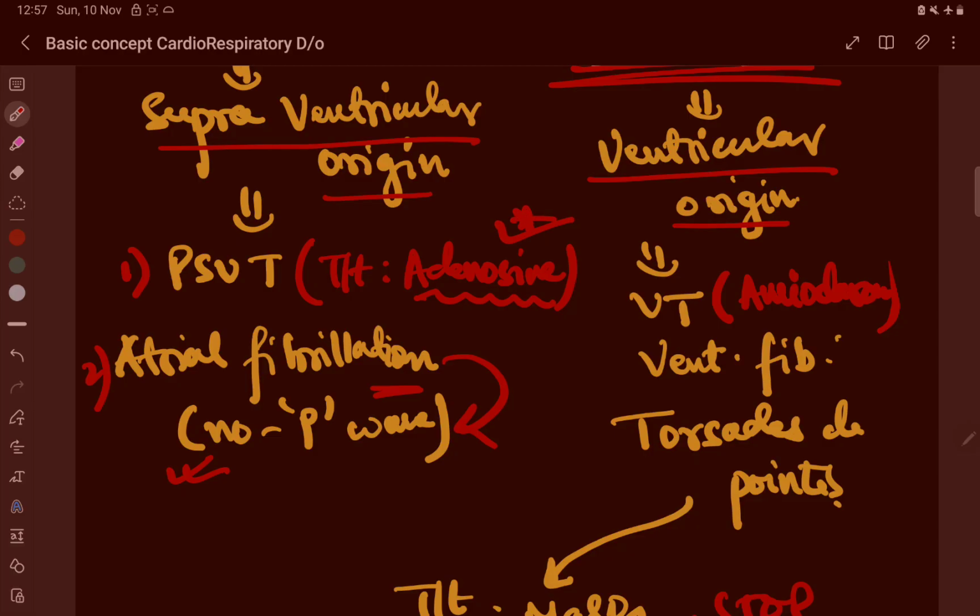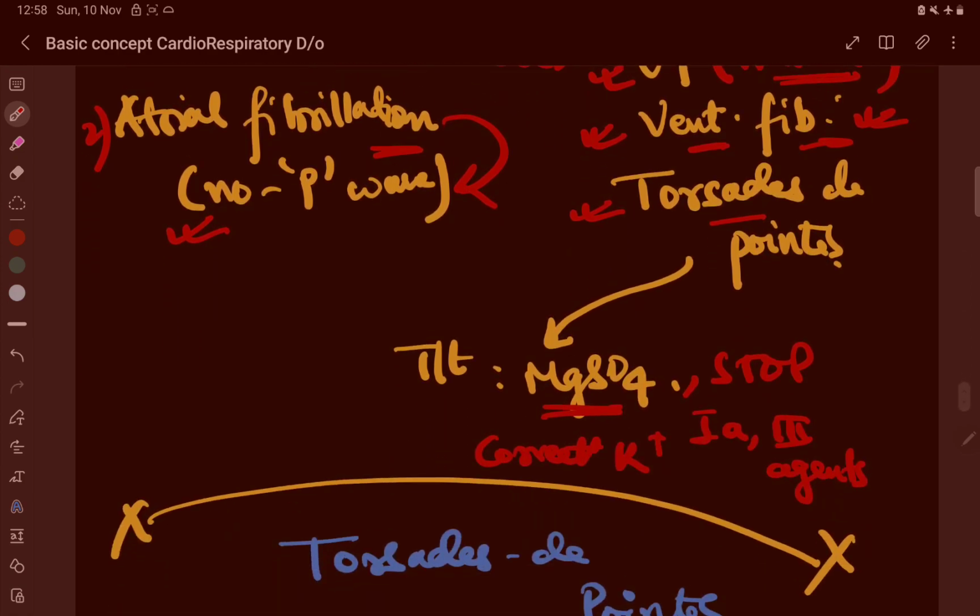Okay. In the ventricular origin, there is ventricular tachycardia, VFib or ventricular fibrillation, and torsade de pointes. Okay. So there are three problems, right? Ventricular tachycardia, where the drug of choice is amiodarone. Ventricular fibrillation, the most important cause of death. Torsade de pointes. Now, torsade de pointes can be treated with magnesium sulfate.